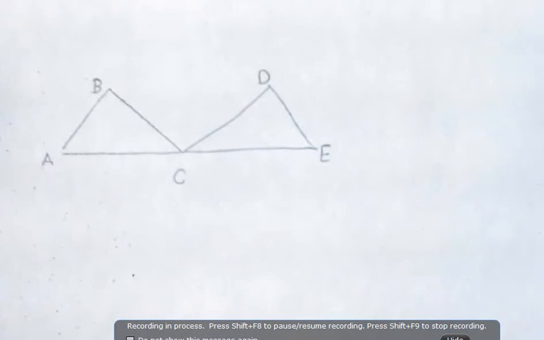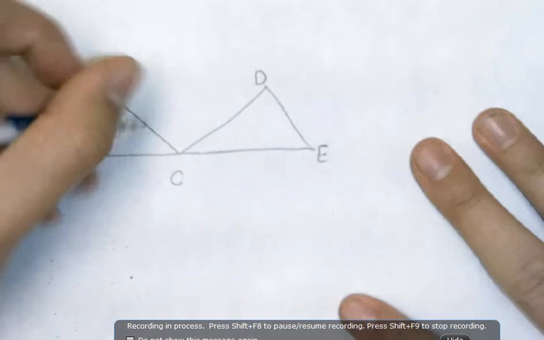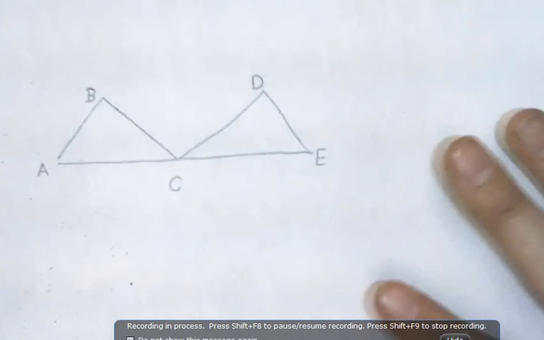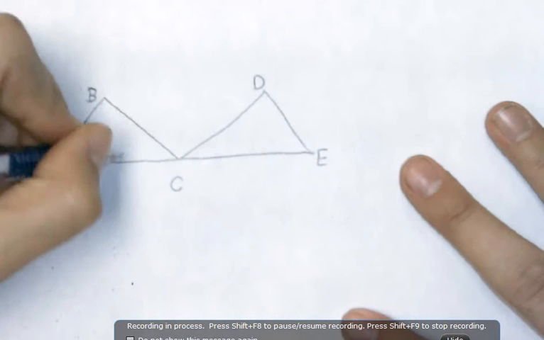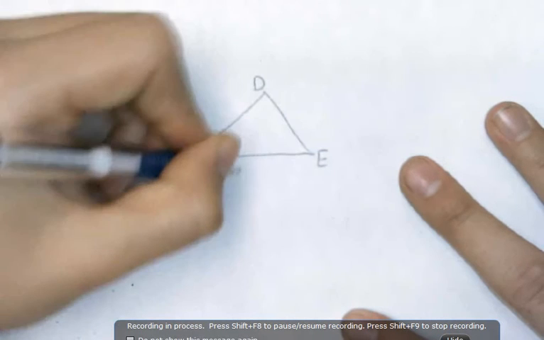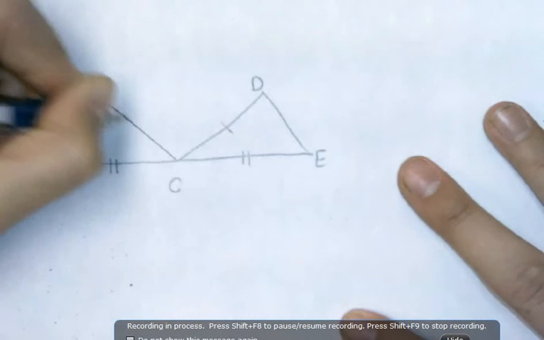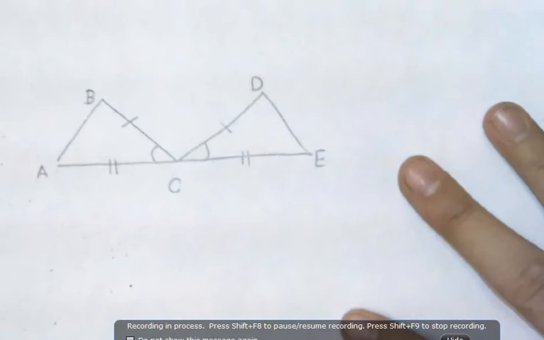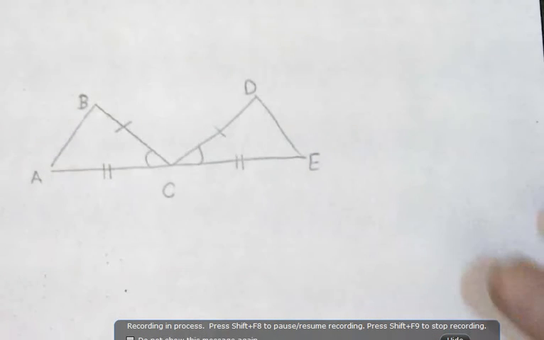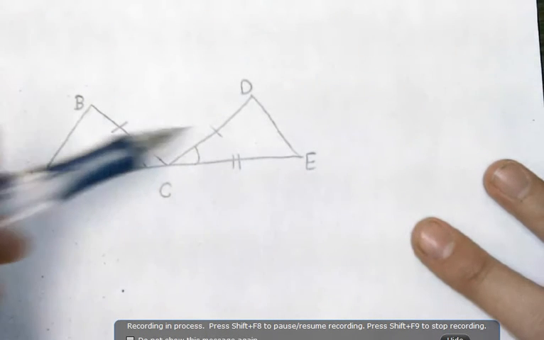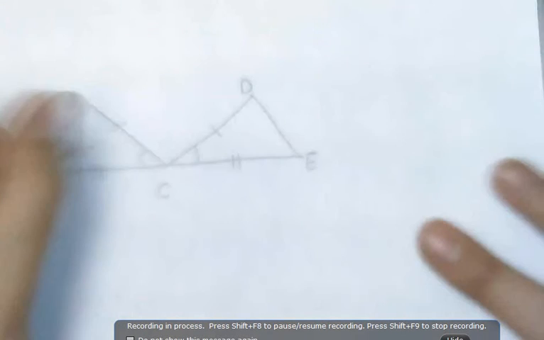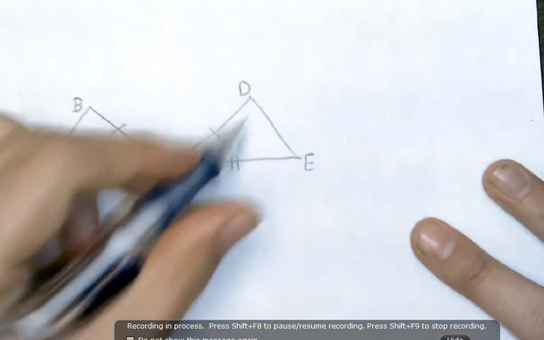So it might tell you that you have all these parts of your triangle that are congruent. Okay, so from here I can use the side angle side congruence theorem to say that my two triangles are congruent.